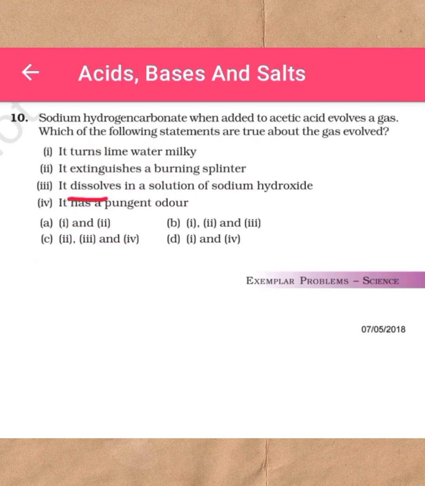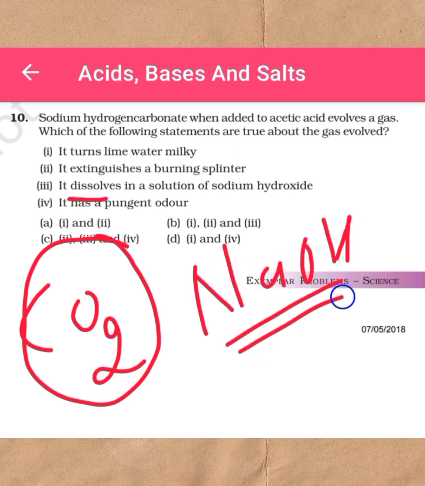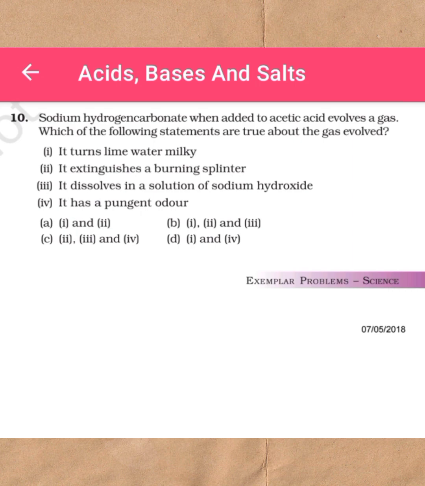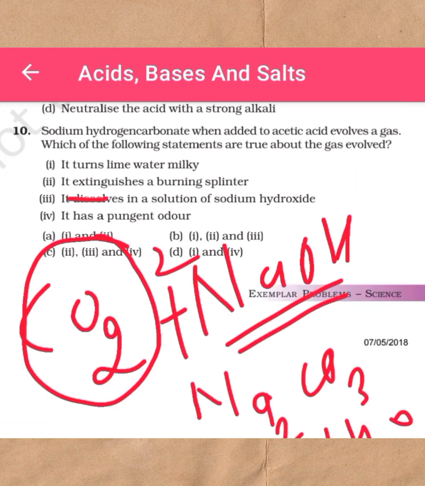Next is, it dissolves in a solution of sodium hydroxide. Carbon dioxide gas dissolves in sodium hydroxide solution. If carbon dioxide gas combines with sodium hydroxide solution, it will form sodium carbonate and water.